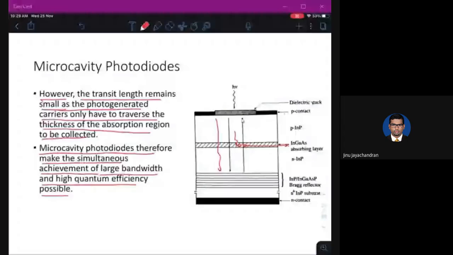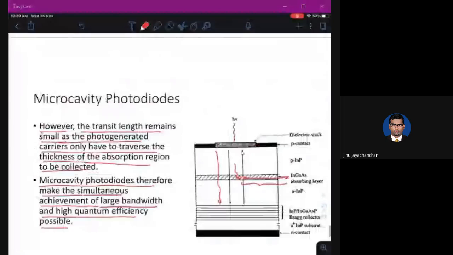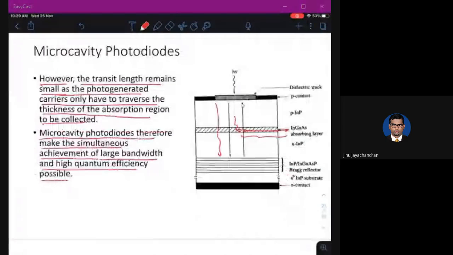And since the photon need not travel the complete photodiode length, but only the small absorption region length, the transit time of the electrons will be less, which will increase the bandwidth. So that's about microcavity photodiodes.